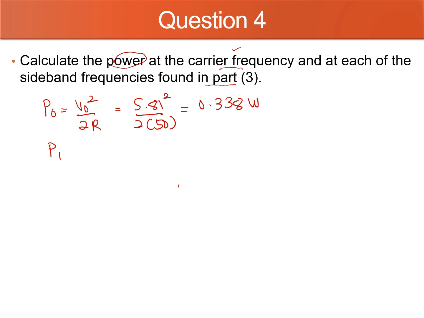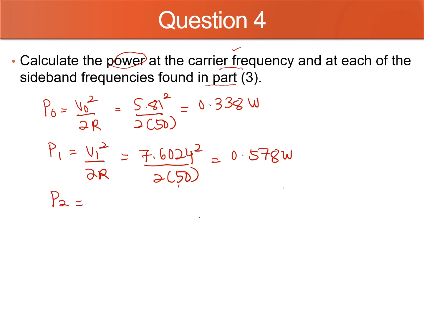For the first sideband, P1 is V1 squared over 2R. Substitute all the information as we calculated before, and we got 0.578 watt.